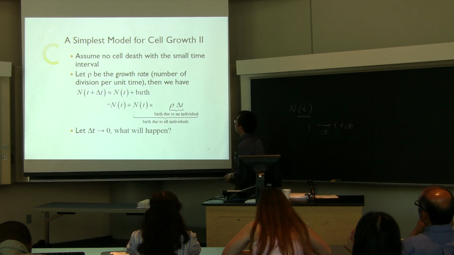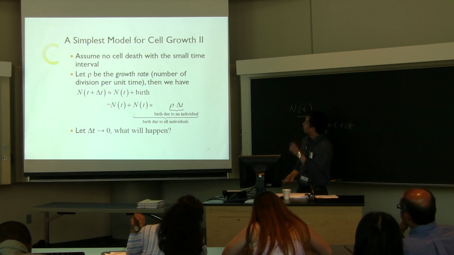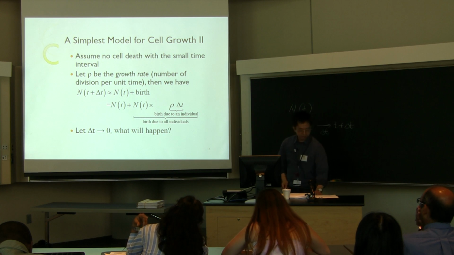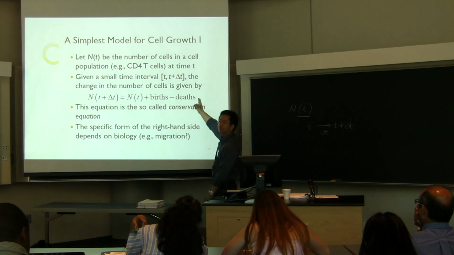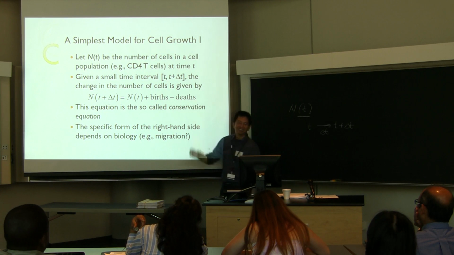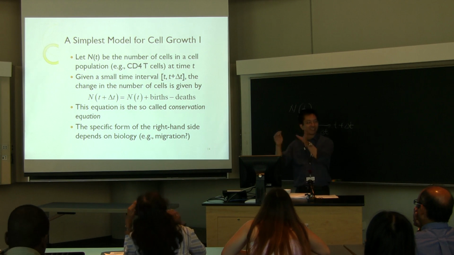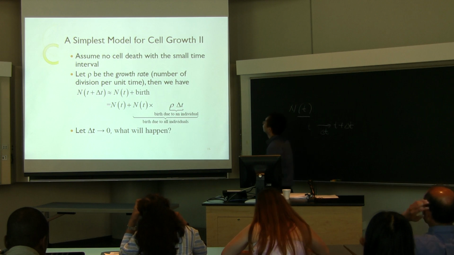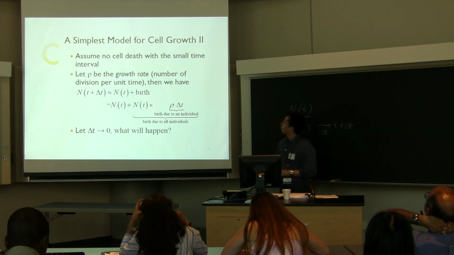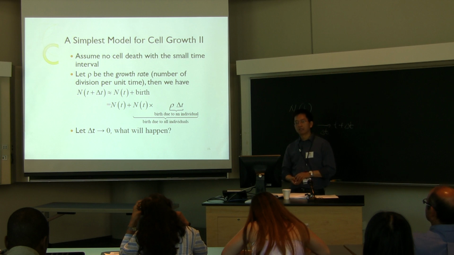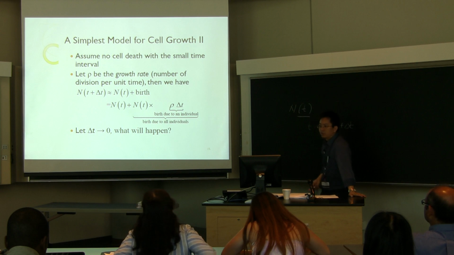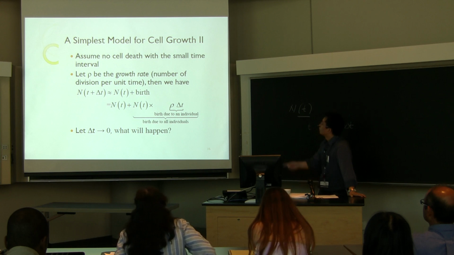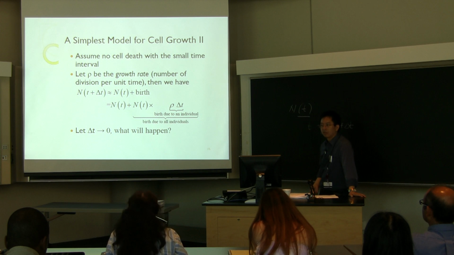So now we already have our first model, in text. But let's now turn that text into a mathematical expression. How do we do that? Let's make it simpler and assume there's no cell death within the time interval delta t, so we only consider birth.